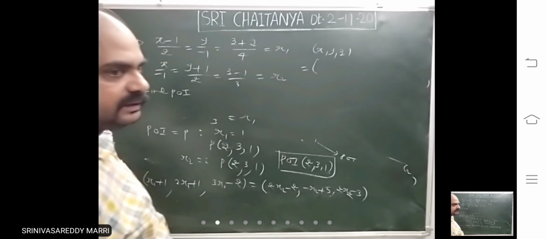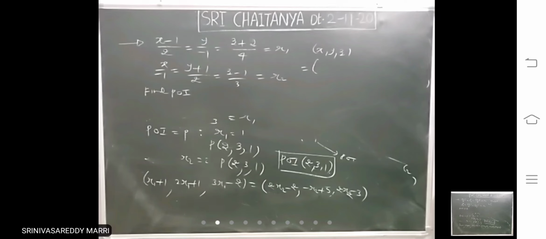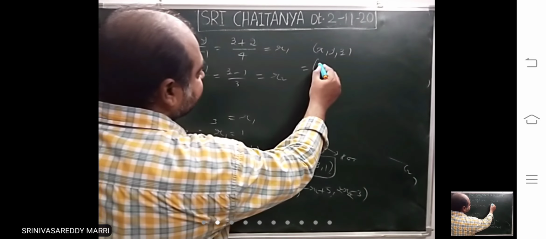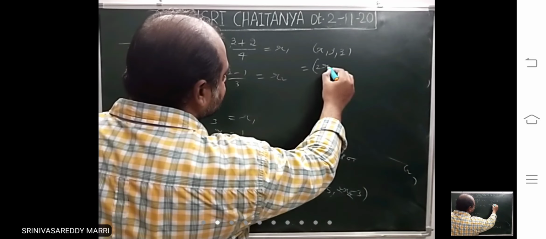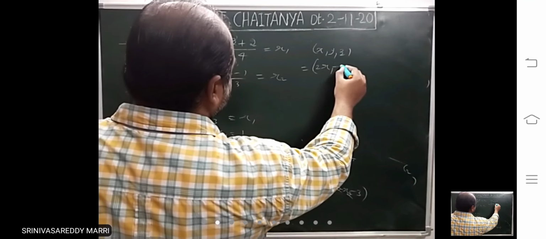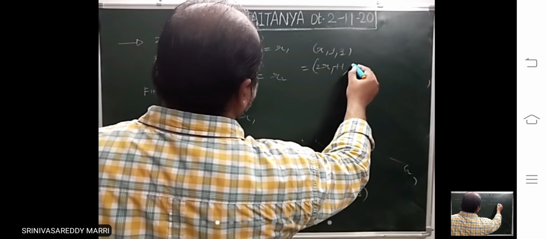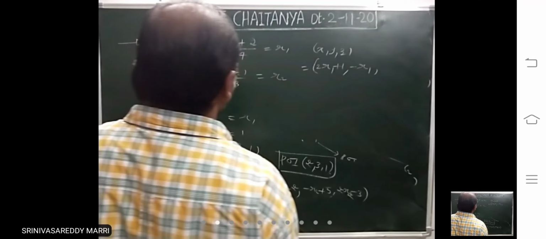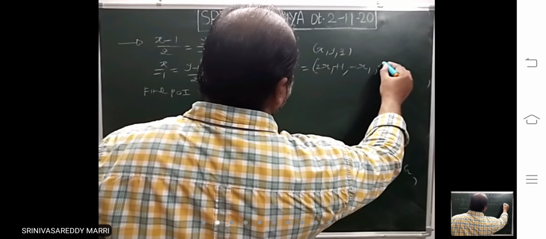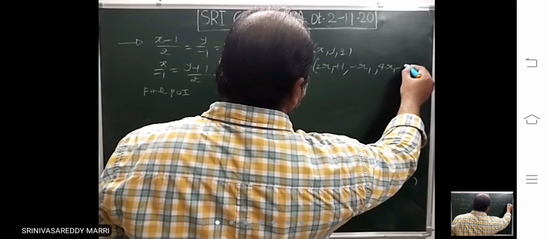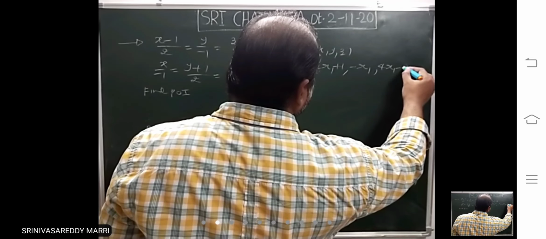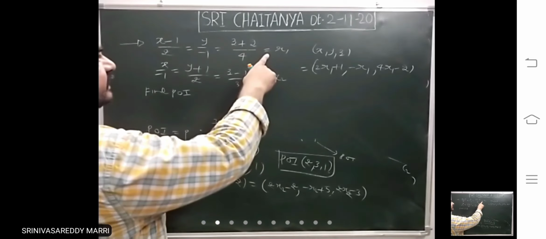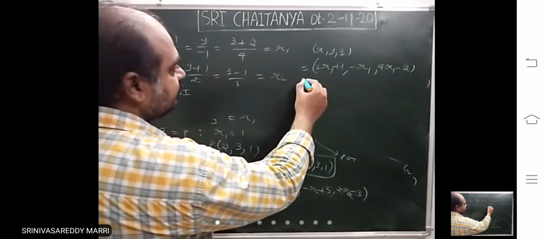So from the first line what you will get is 2R1 plus 1, comma, minus R1, comma, 4R1 minus 2. This from the first line I have calculated.